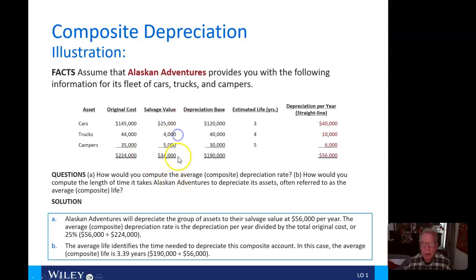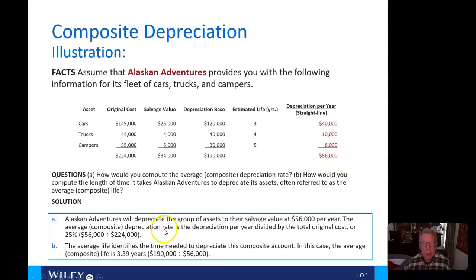Estimated salvage values, $34,000. So our depreciation base is $190,000. We have various estimated useful lives for those assets. And so now our depreciation per year is our depreciation base divided by the useful lives.